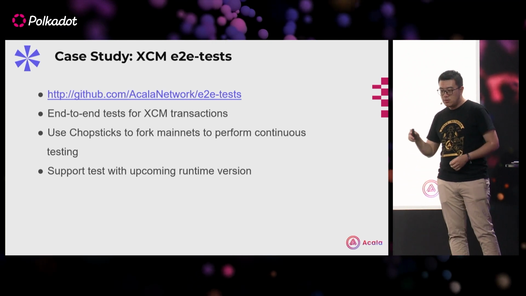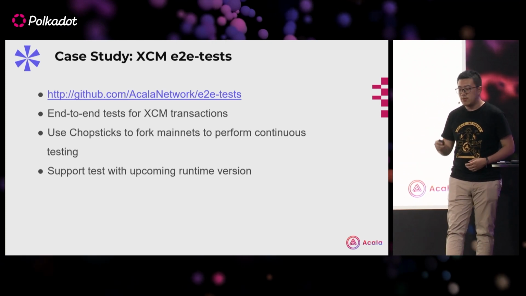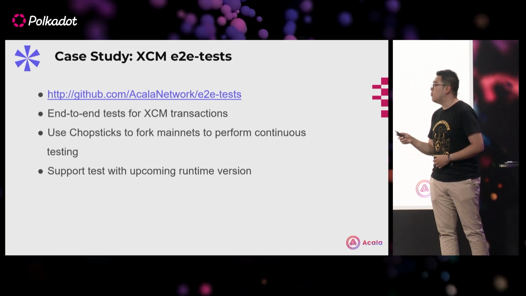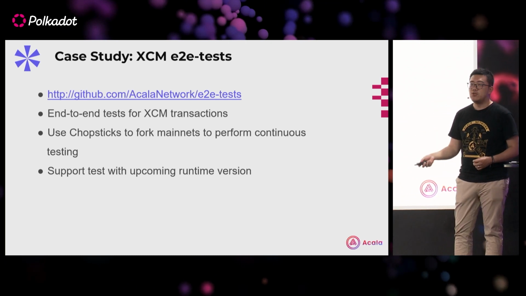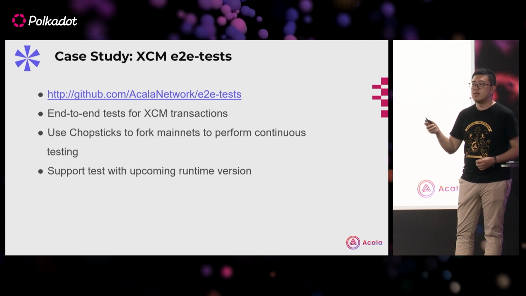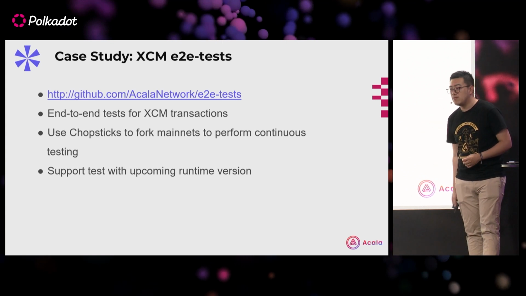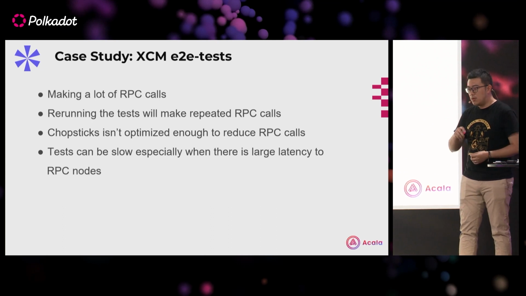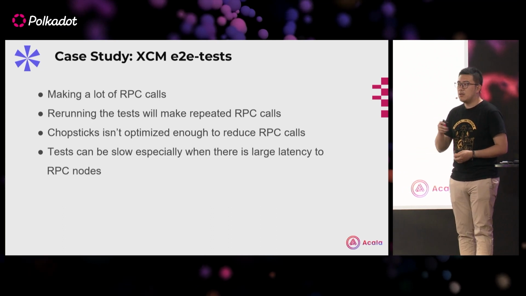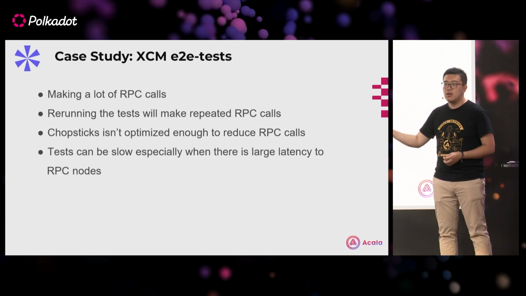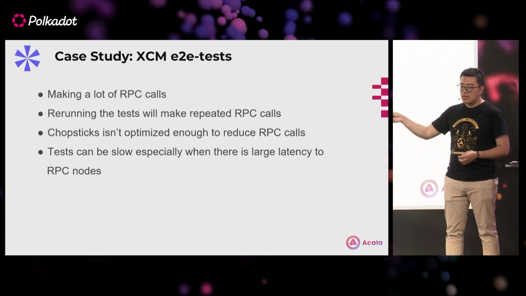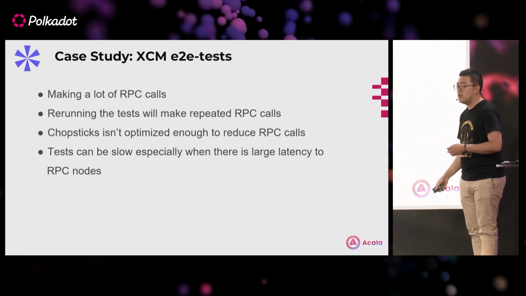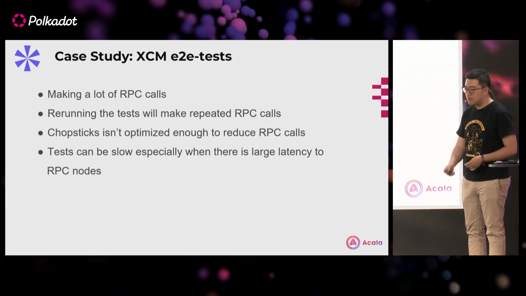It itself is using Chopsticks for the mainnet to perform testing, and it's also able to test upcoming runtime versions, because a lot of people are upgrading XCM versions, so this is also super useful for them. It's obviously doing a lot of testing between Acala and HydraDX, Interlay, Astar, Kusama, Staking. There's a lot of tests.